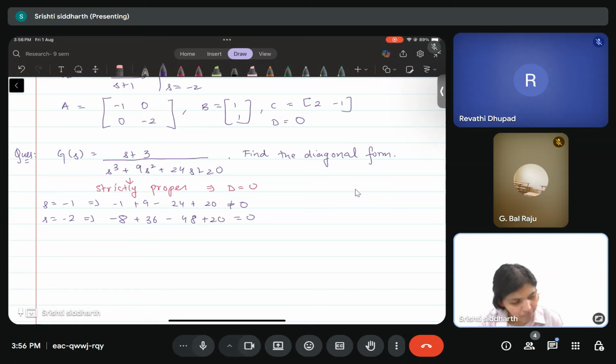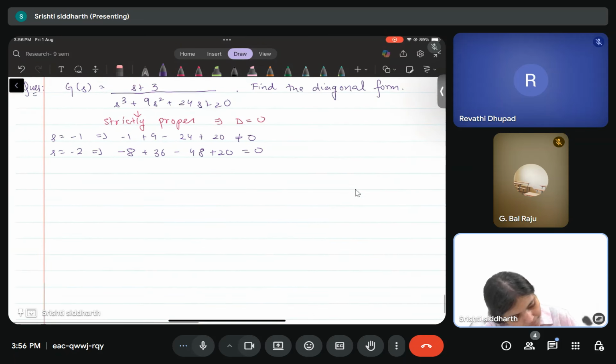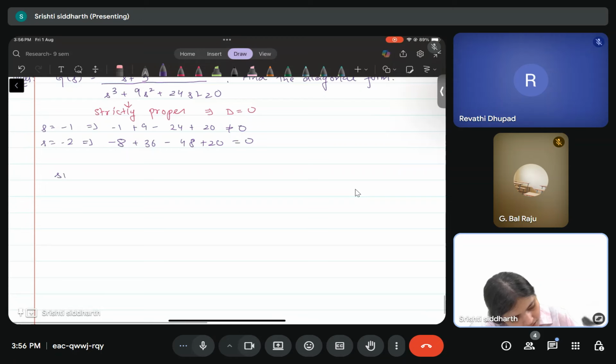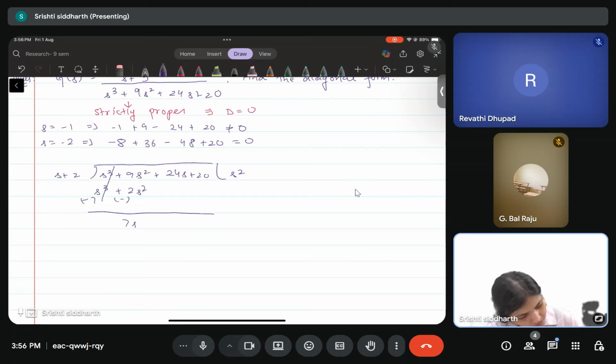Yeah. So let's just divide by s plus 2 into s cube plus 9s square plus 24s plus 20. Alright, let's see. So this is s square. s cube plus 2s square. 7s square plus 24s plus 20.